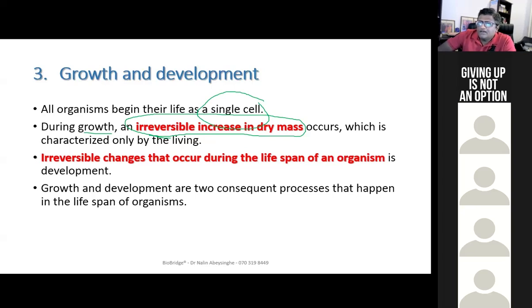Then irreversible changes that occur during the lifespan of an organism is development. Whatever change happens, from the embryo, there is a small tube of blood which develops into a heart. Once the heart is formed in the embryo, you get a simple tube-like thing in the body.